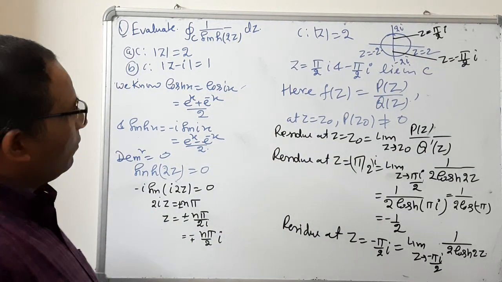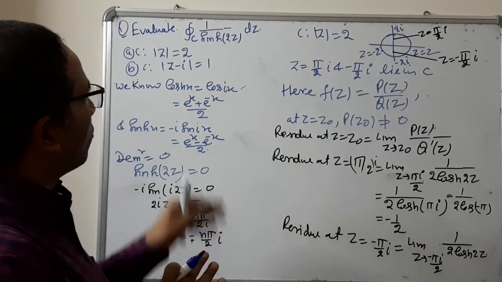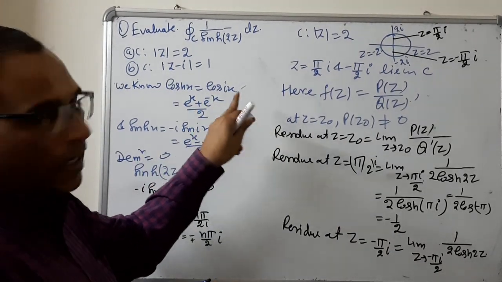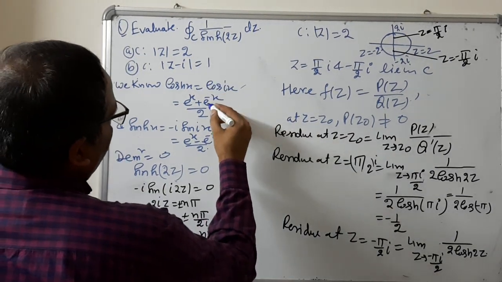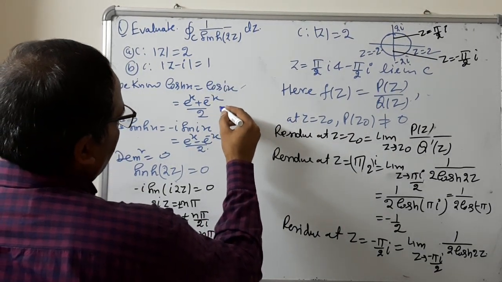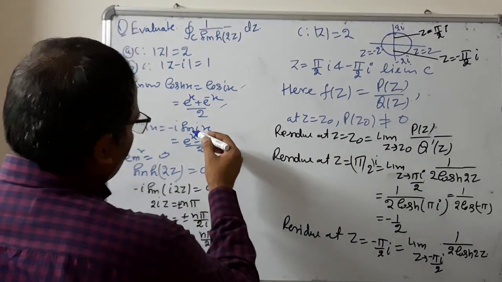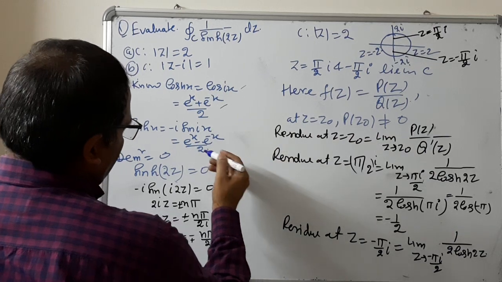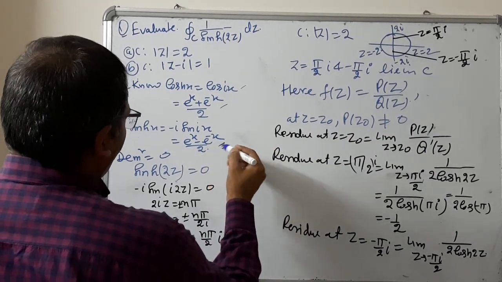For any question with cos hyperbolic x where we want to find the singularity, we write cos ix and then find the singularity. Also cos hyperbolic x can be written as e to the power x plus e to the power minus x by 2. Similarly, sin hyperbolic x can be written as minus i sin ix, and also as e to the power x minus e to the power minus x upon 2.